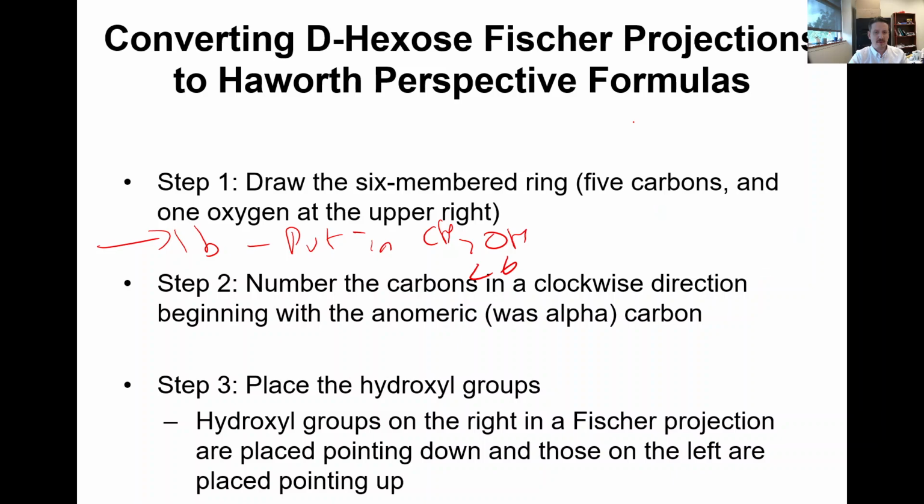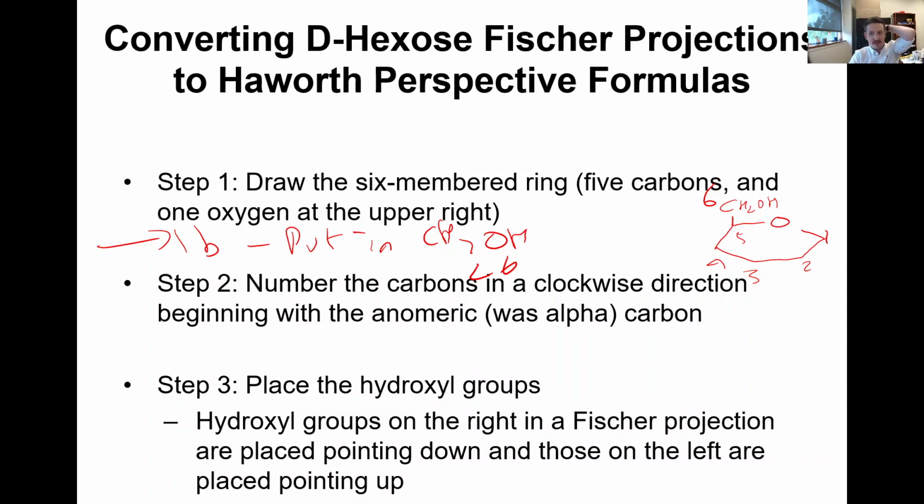Let's tidy this up a little bit. Okay, so draw a 6-membered ring, CH2OH. Next, number them: 1, 2, 3, 4, 5, 6. Next, place the hydroxyl groups.